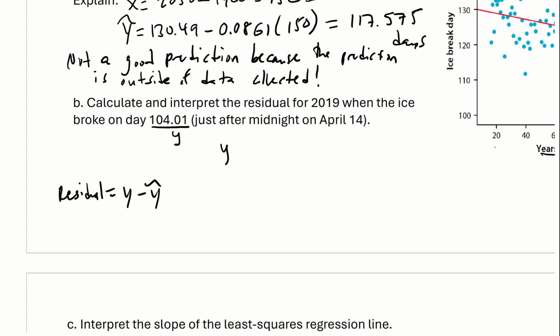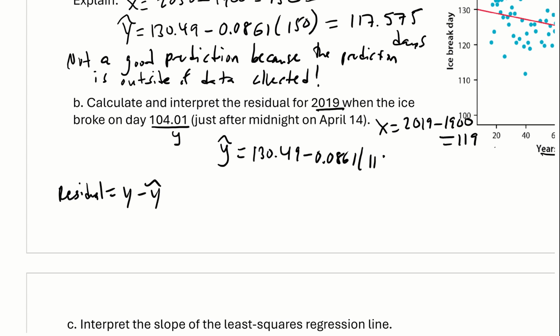The y hat we have to calculate. It says 2019, so x is equal to 2019 minus 1900. So that's actually 119 that we got to plug in for x, okay? So we're going to plug that into the y hat equation: 130.49 minus 0.0861 times 119.